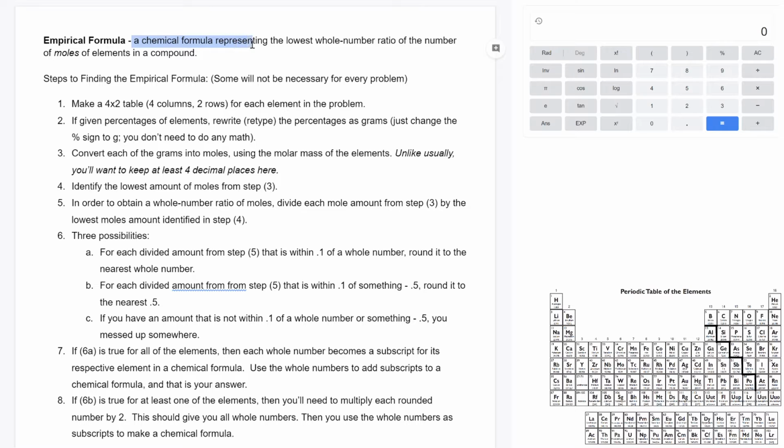An empirical formula is a chemical formula representing the lowest whole number ratio of the number of moles of elements in a compound.